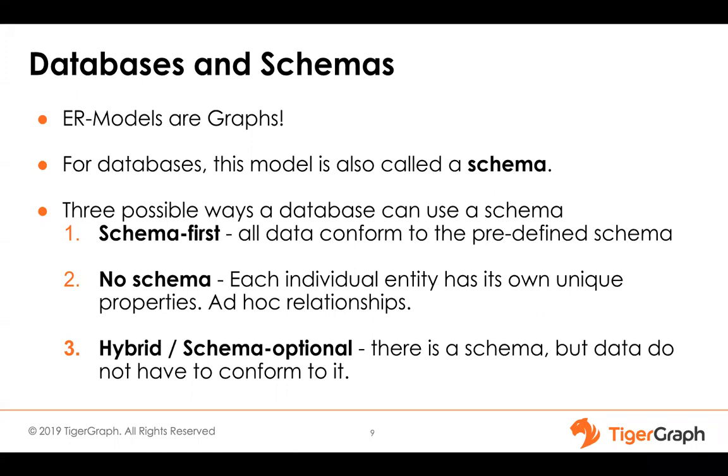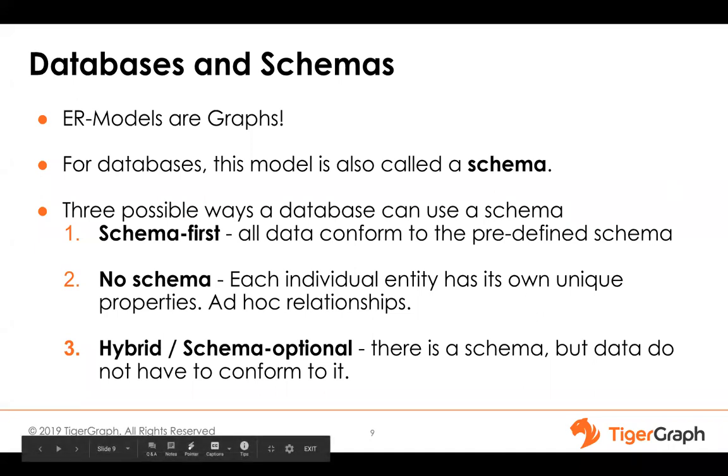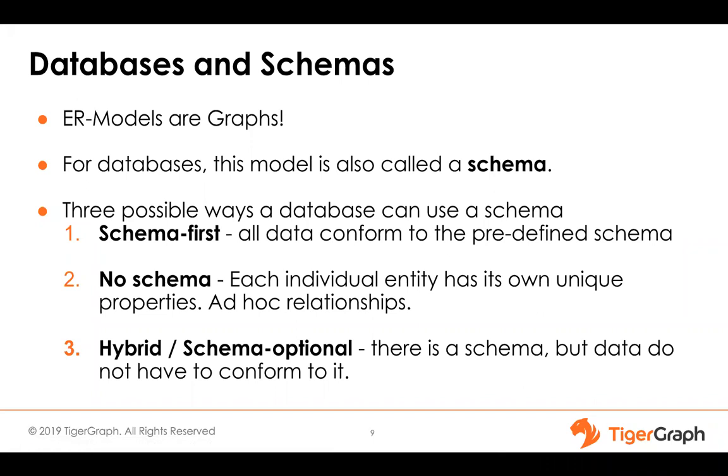And so the data itself will tend to have some inherent categories. It's just that you have not explicitly stated the model and you're not requiring the data to follow that model. And lastly, there's hybrid, where you have a schema, but you're not requiring the data to apply it.